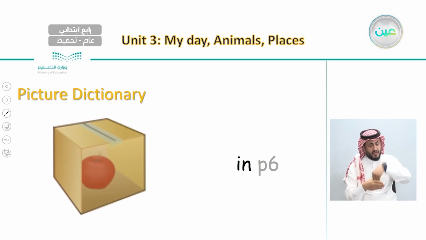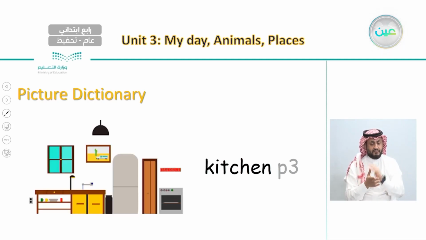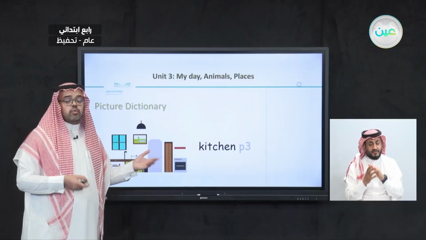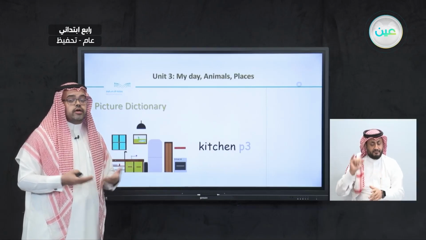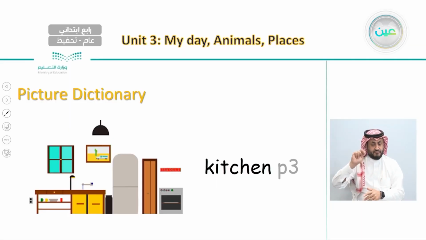Also, another preposition we have learned is the preposition "in", which can be seen on page 6. After this, another room we learned is the kitchen, where we can make food, drink, and also store all our food.